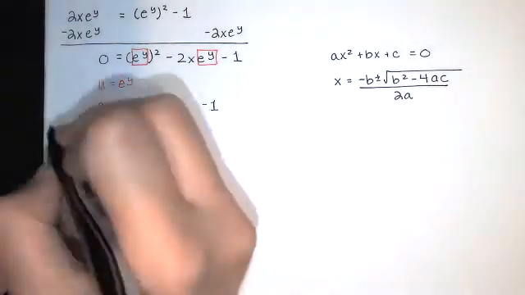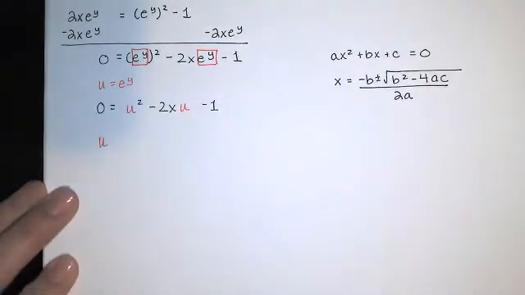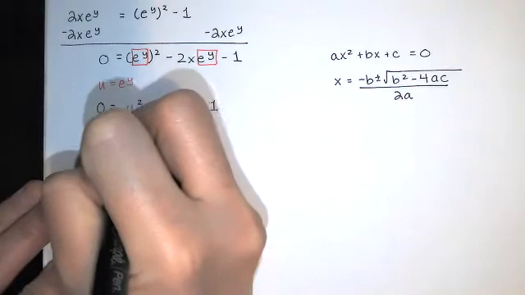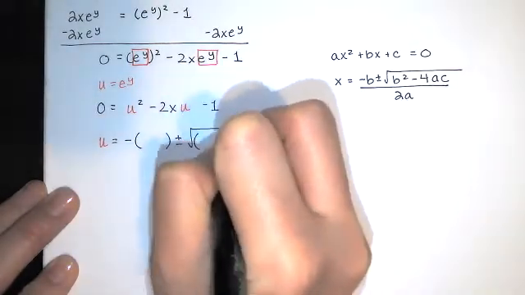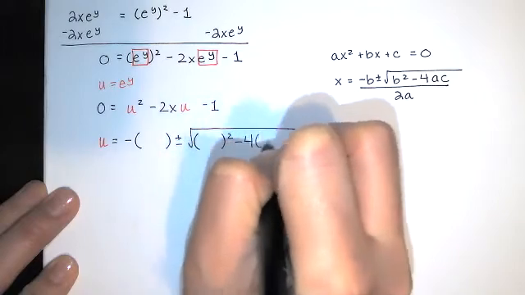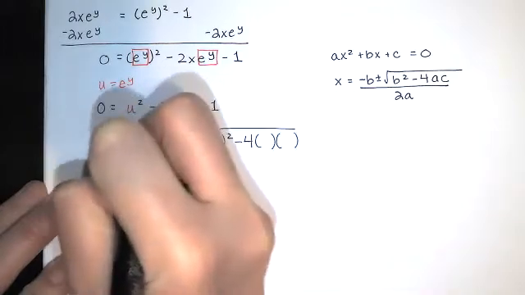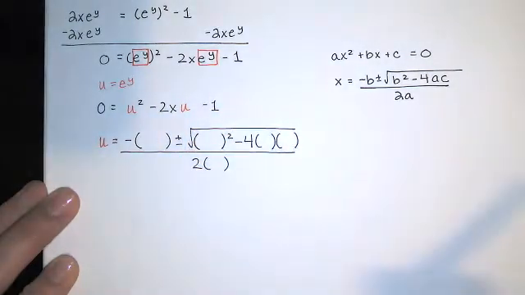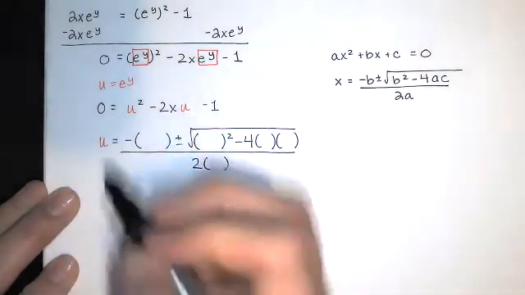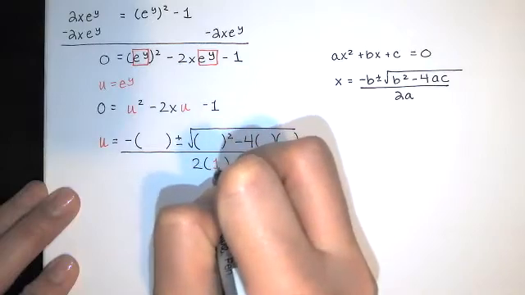So according to the quadratic formula, u is equal to negative b plus or minus the square root of b squared minus 4 times a times c, all divided by 2 times a. And our a is the coefficient of u squared, so that's 1.